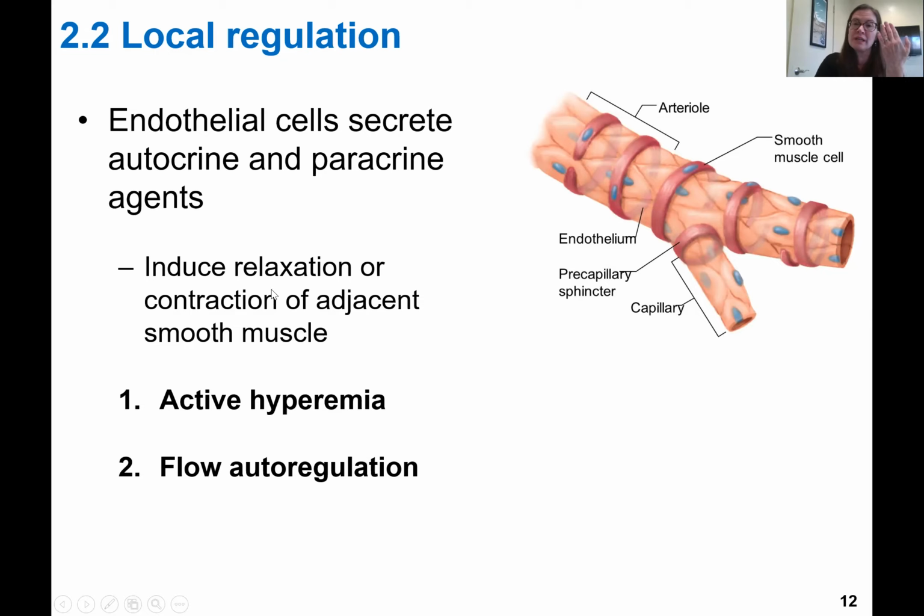So you can induce relaxation or contraction of an adjacent smooth muscle by the endothelium basically telling the smooth muscle what to do, or the smooth muscle itself being regulated. So we've got two types of local regulation. We've got active hyperemia and we've got flow autoregulation. And we're going to break these down in the next two slides and talk about them.